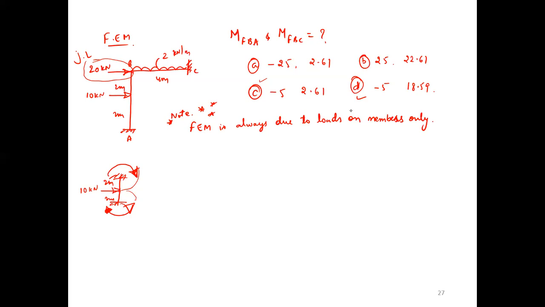So here also I have not given the option. Plus 5 you are getting, right? If it is clockwise, the resisting moment is rotating anti-clockwise. Which is the resisting moment? MFBA equals plus WL by 8. So you are getting 5. But I have not given plus 5.